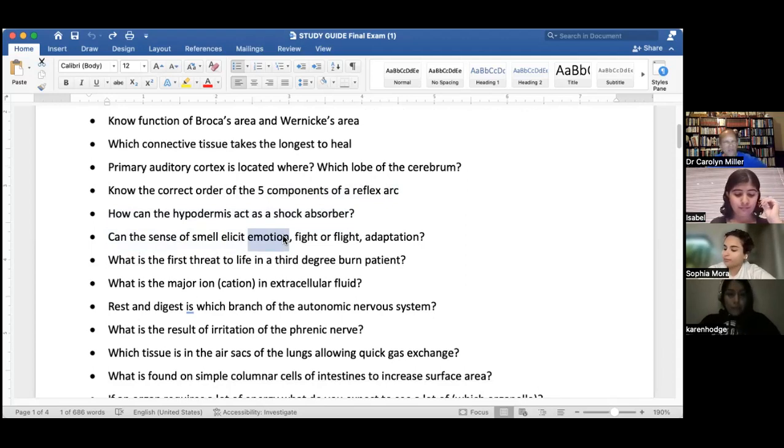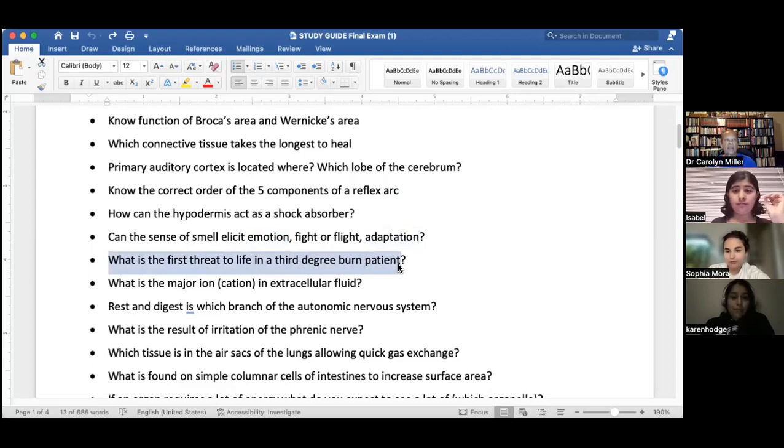If you smell skunk, it elicits fight or flight because you do not want to be sprayed. And then we talked about adaptation most recently. You walk into a room, there's an odor, you smell the odor. The odor is still there, but after a while, you don't smell it. It's adaptation.